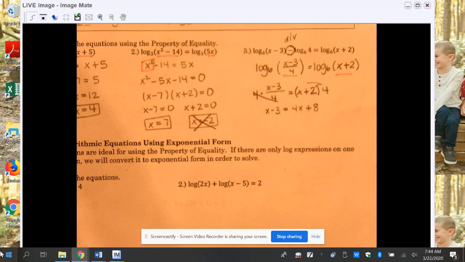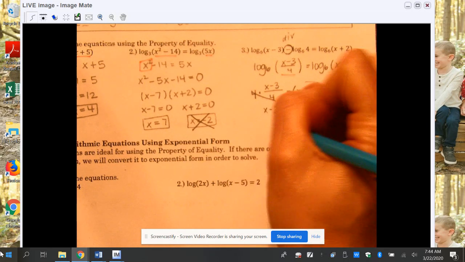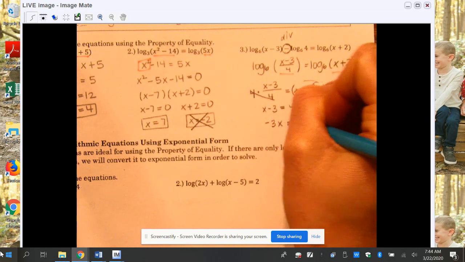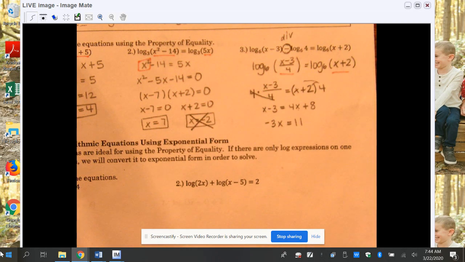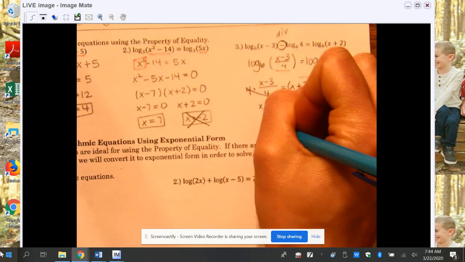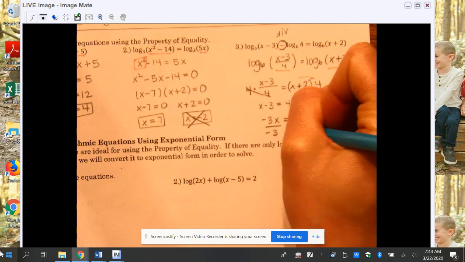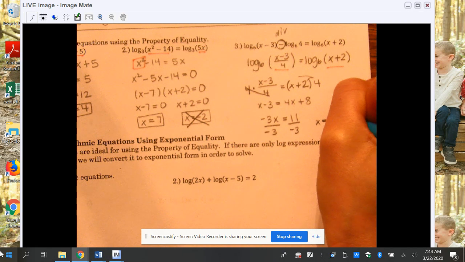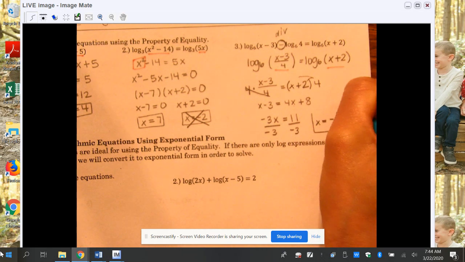And then I'm going to go ahead, let's move, I'll do this now in one step. So I'm going to move the 4x over and add the 3 over. And then when I divide both sides by -3, I get that x equals -11/3.